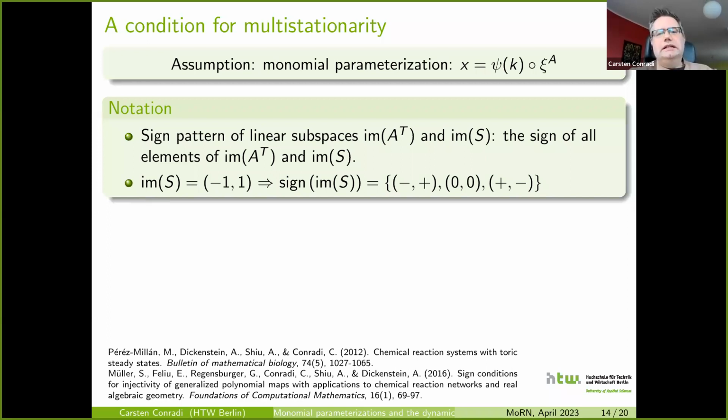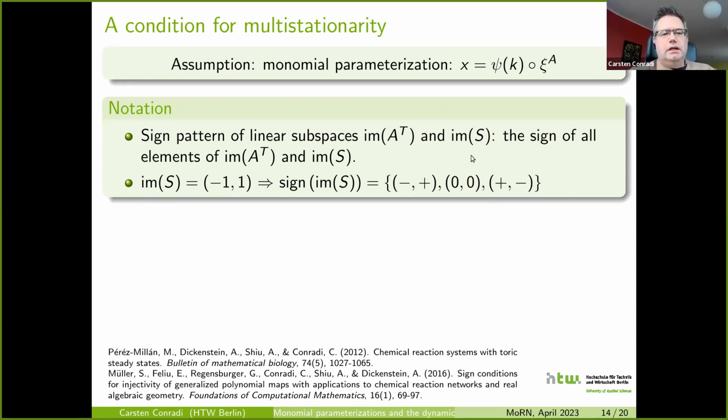And basically every vector in this subspace either has negative first coordinate and positive second coordinate, or is 0, or has positive first coordinate and negative second coordinate. So the image of this linear subspace corresponds to these three sign patterns.